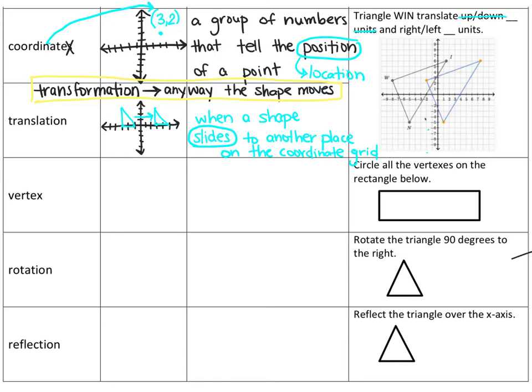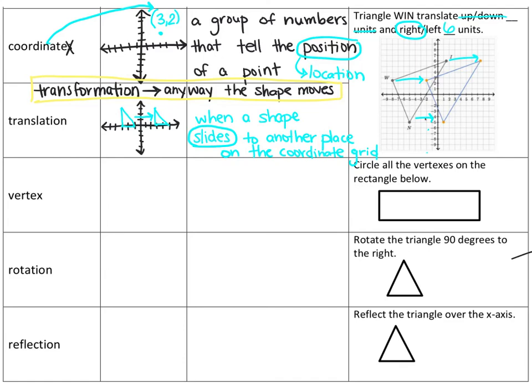And then we're going to say it moved right. It's moving this way. We can see N moved over here, I moved over here, W moved over here. It moved to the right, and now we need to count the number of units. I know this is small. Okay, it moved over 1, 2, 3, 4, 5, 6 units. So it moved over 6 units to the right. See how that works?